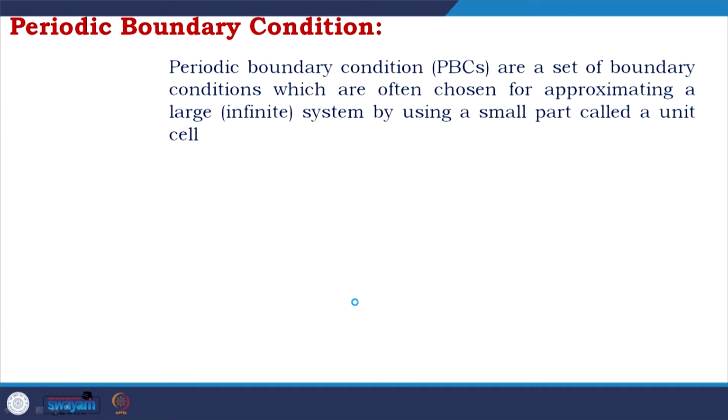Periodic boundary conditions are a set of boundary conditions which are often chosen for approximating a large system by using a small part called a unit cell. So here, as I told, you don't want to create an infinite system, because the larger the system, the more the computational power.